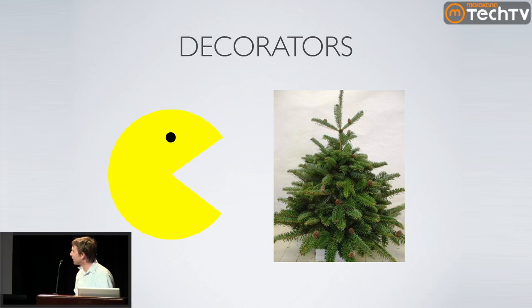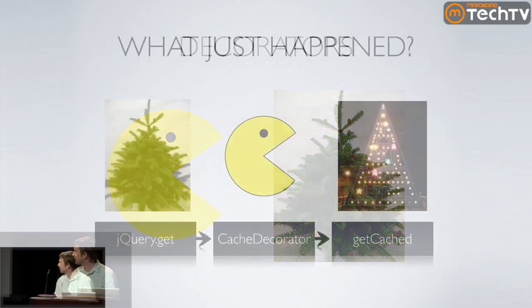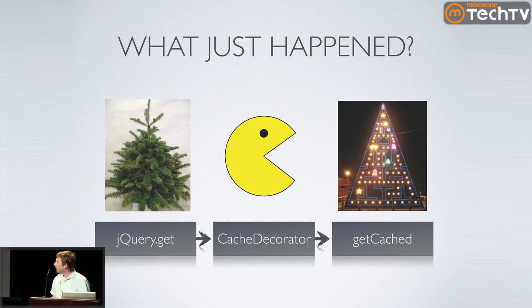We have a Pac-Man decorator, and we're going to apply the decorator to the Christmas tree. So we've still got something that looks like a Christmas tree, and it works like a Christmas tree. It has the same signature, but there's something clearly different, and it's been augmented in a very special way here. So that's like our cached jQuery get function.